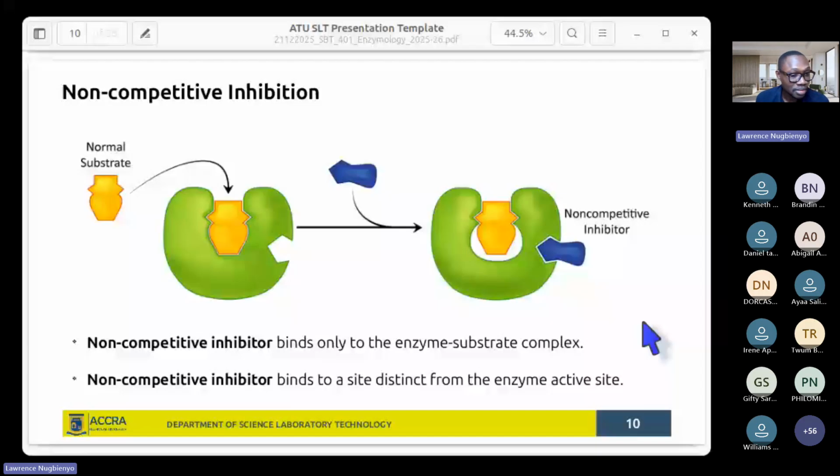In drug discovery, in drug design, you always work on the specificity of the active substance that should be binding to the active site of an enzyme of a pathogen, so that you don't introduce a substance into the system that will rather be fighting the host.